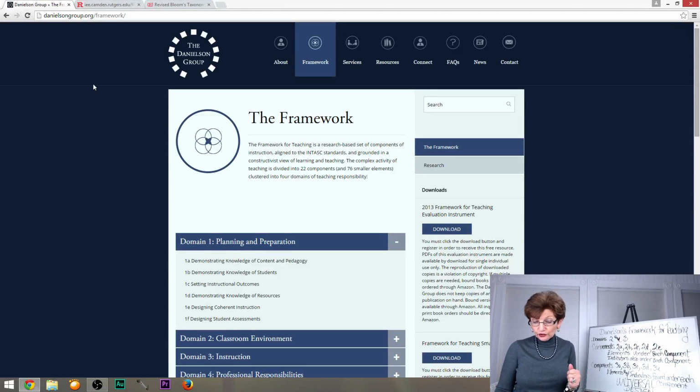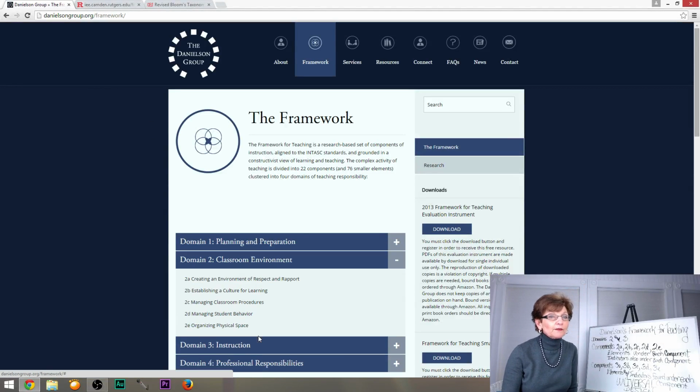Okay, the first, domain 1, is preparation and planning of teaching. Domain 4 is professional responsibility of a teacher. But we're going to talk about domains 2 and 3. Domain 2 is, and you can go on this, here we are, we're going to do it right here.